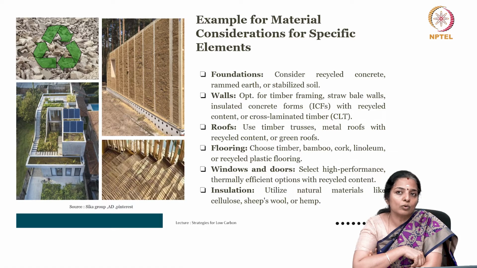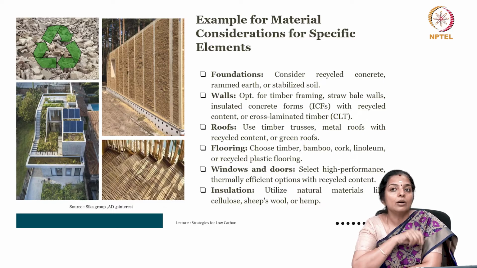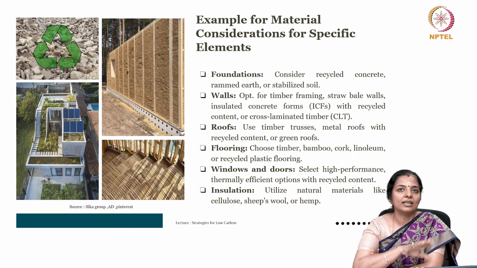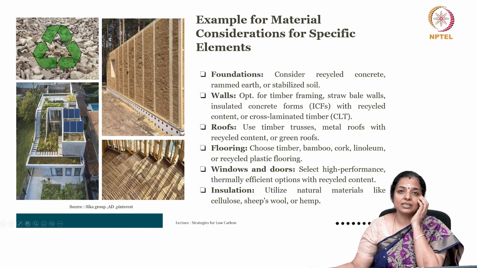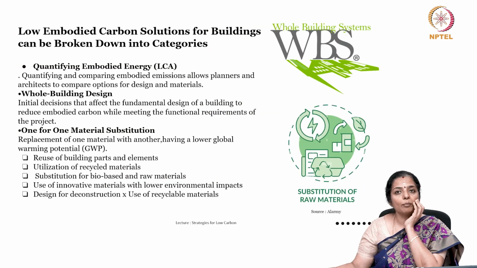For windows and doors, select high performance, thermally efficient options which have recycled content in them. If you need to insulate a building, say in cold climates, you use natural materials like cellulose or sheep's wool or hemp. You can use these to insulate the buildings. So, your material choices and considerations have a very important role in reducing the embodied carbon.